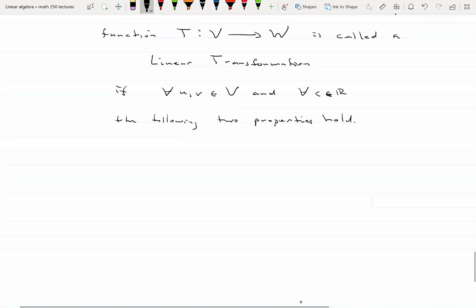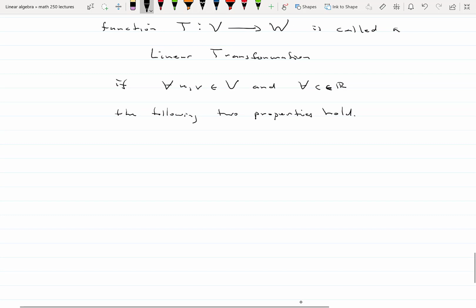Two things have to happen. One, T of u plus v equals T of u plus T of v. Almost no function that you've studied works this way.